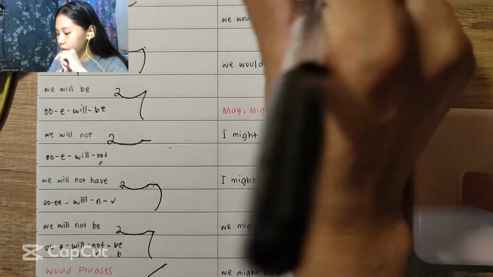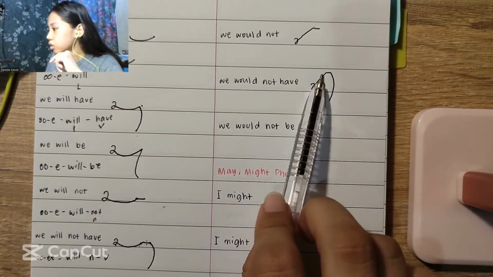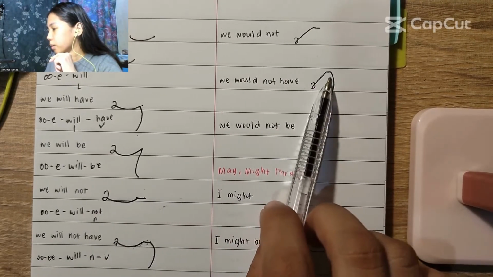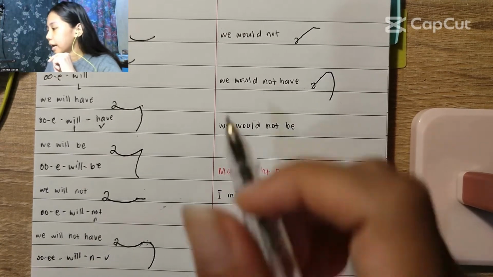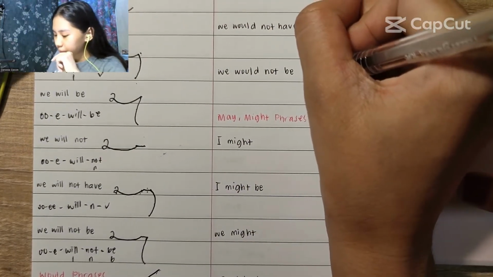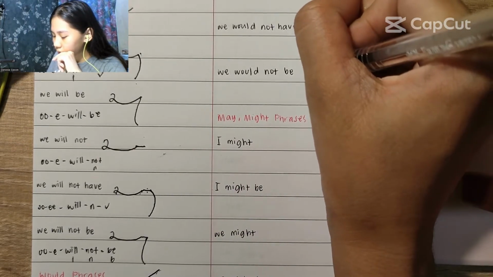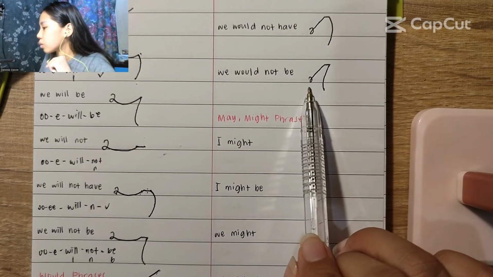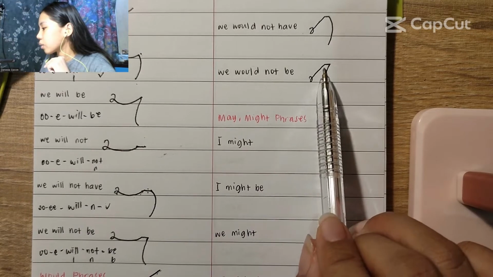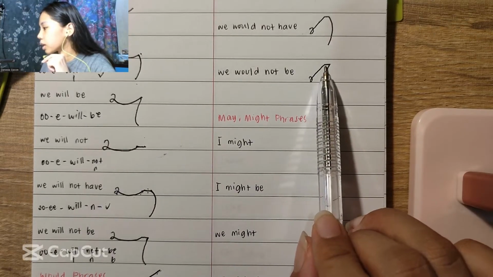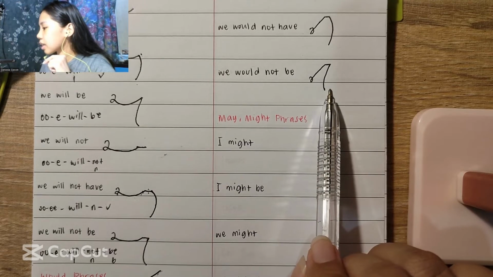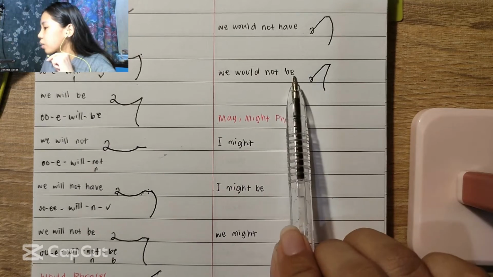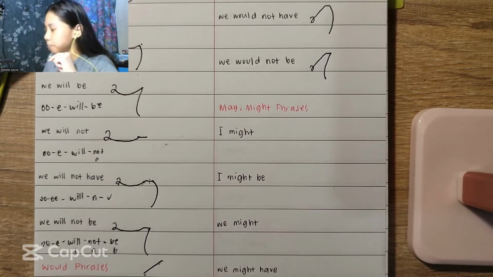We would not have: we are just going to add the V symbol for the brief form have. We would not be: UE for the pronoun we, the D symbol for the brief form would, the N symbol for the brief form not, and then the long downward curve facing to the left for our brief form B.